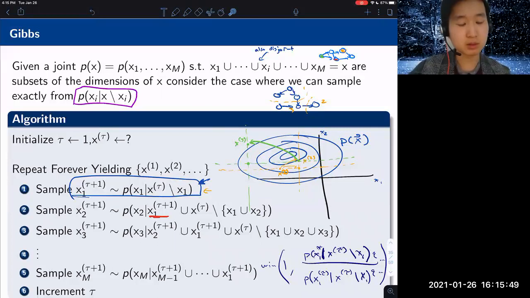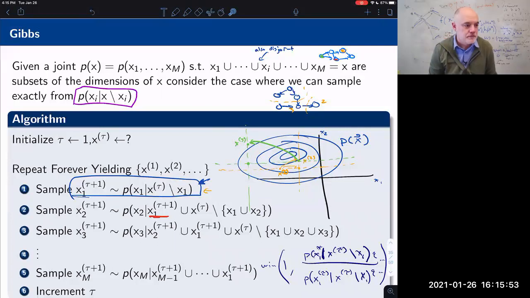How long do you have to run the Metropolis Hastings for, if you are using it inside the Gibbs sampling? That is a really, really good question.